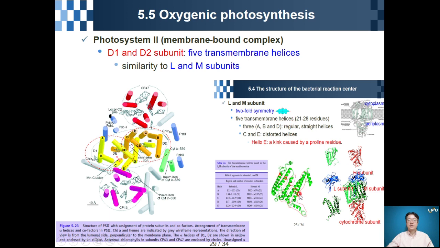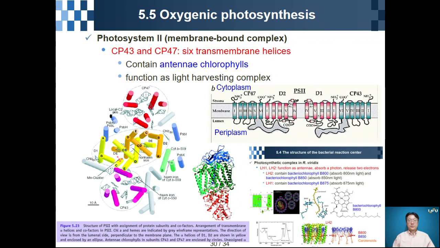A, B, C, D, E, like this. Okay, D1 and D2 also have 5 transmembrane helices, A, B, C, D, E. The structure is nearly similar to the L and M subunits. Okay, so photosystem 2 also has CP43 and CP47. These have 6 transmembrane helices.